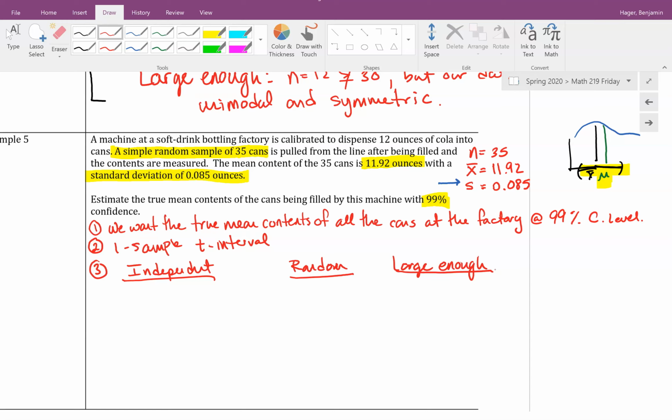We pulled 35 cans. Presumably, there are thousands and thousands of cans at this factory. So 35 is definitely under 5%, and we can almost always go with that 5% rule.